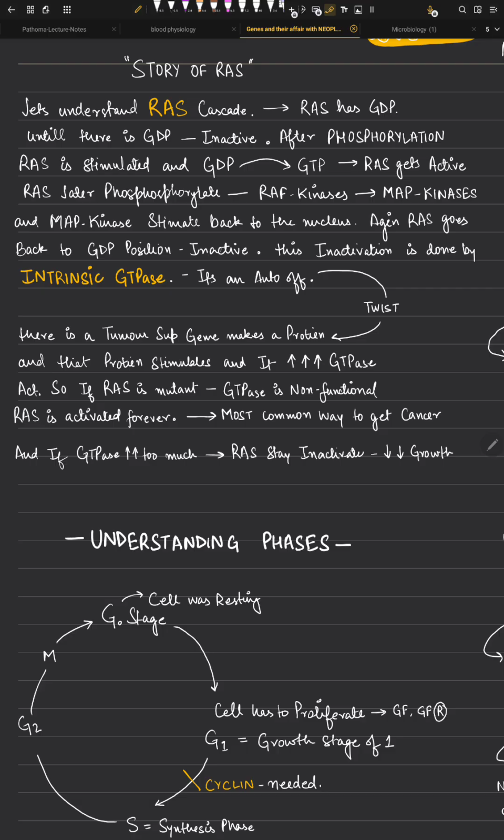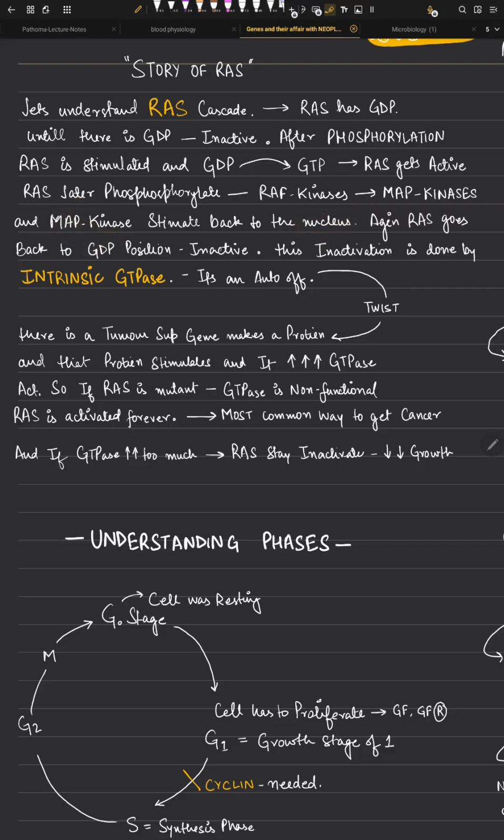If RAS is mutated, this GTPase is non-functional, and RAS is activated forever, right? So what will happen? A lot of MAP kinase activity, a lot of MAP kinase will stimulate the nucleus, and a lot of proteins will be formed.